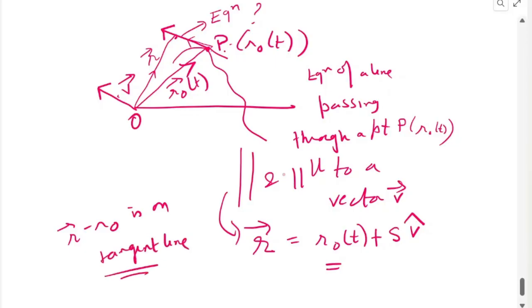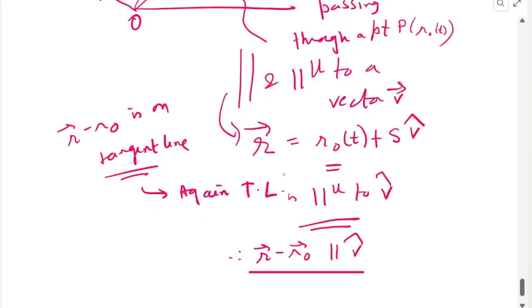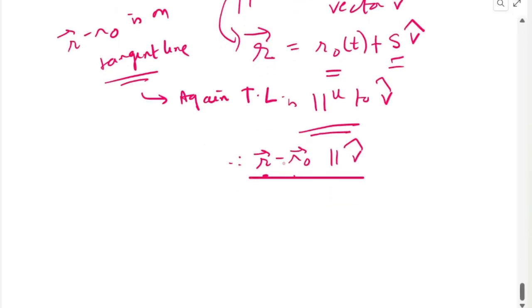Again, the tangent line, TL I am writing in short, is parallel to V. So that means R minus R0 is parallel to V. If R minus R0 is parallel to V, that means R minus R0 will be some scalar multiple of V. So that scalar multiple I am calling S. So I can say R minus R0 equals SV.